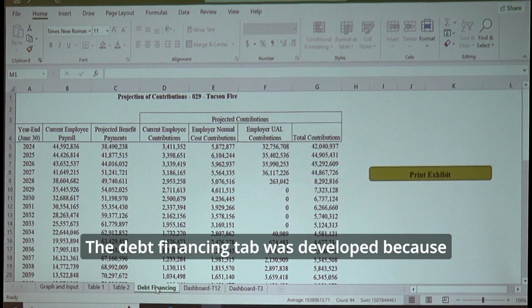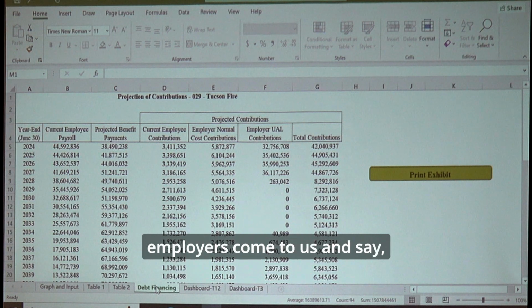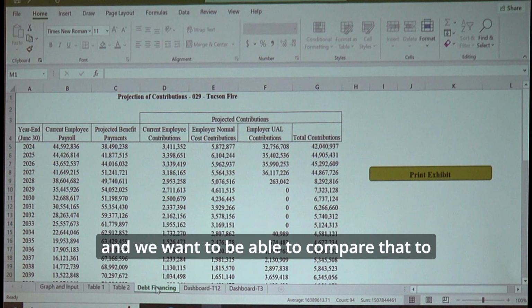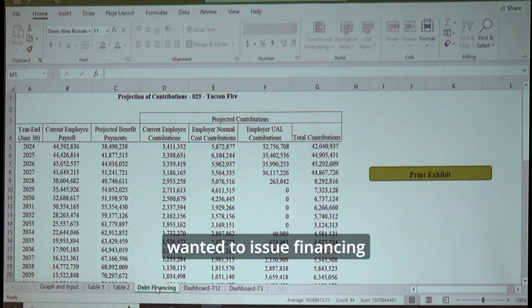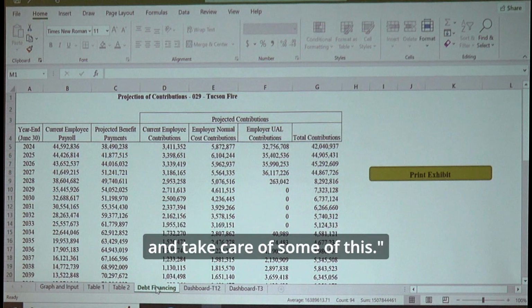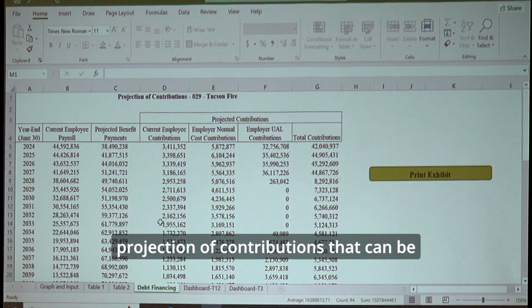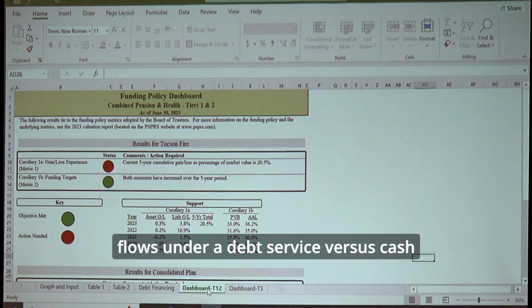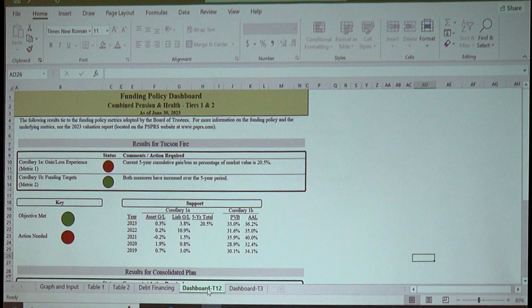The debt financing tab was developed because we had some financial advisors and employers come to us and say, we want to be able to model things and compare that to what a debt service would be like if we wanted to issue financing to take care of some of this. So that was put together. So this is a projection of contributions that can be made that's helpful to them to compare cash flows under a debt service versus cash flows if you didn't pay off any unfunded liability.